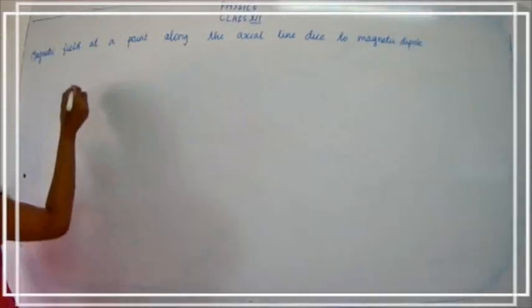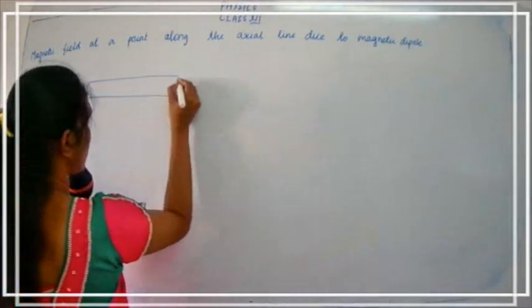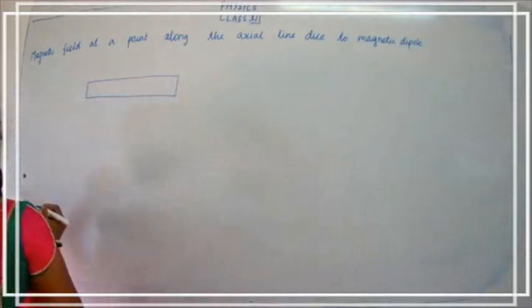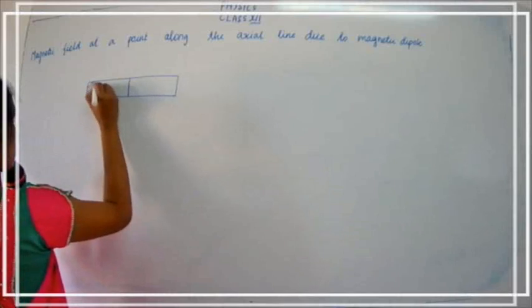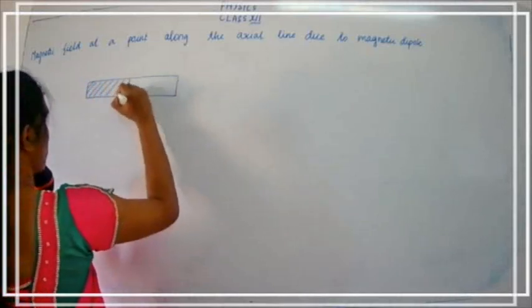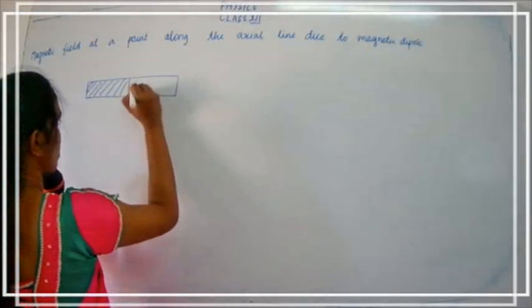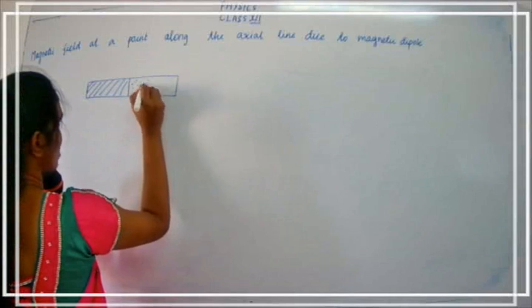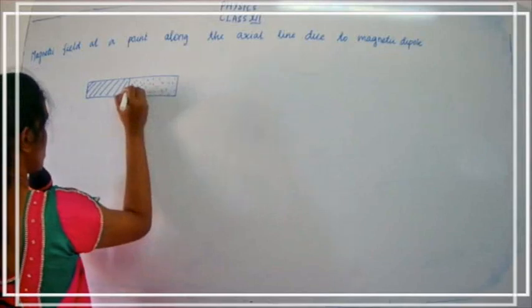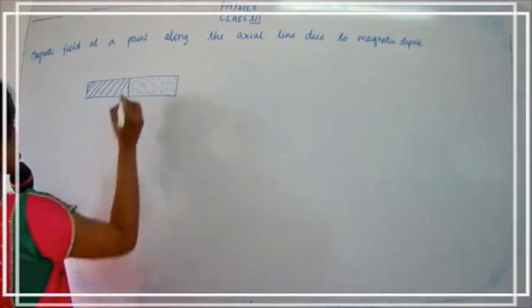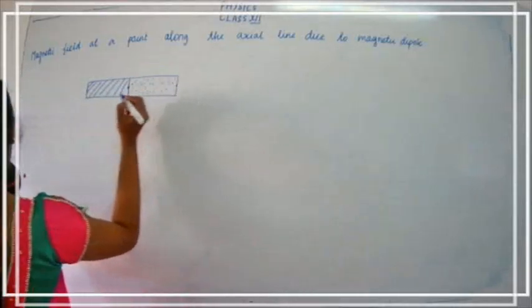Take a bar magnet. This is the south pole and this one is the north pole. For differentiating, I am marking this.